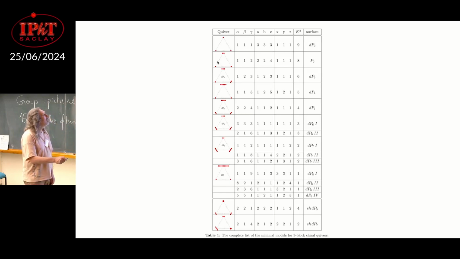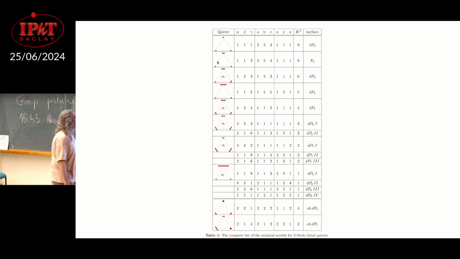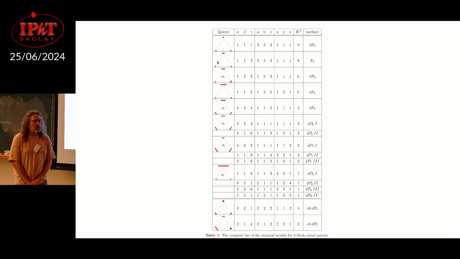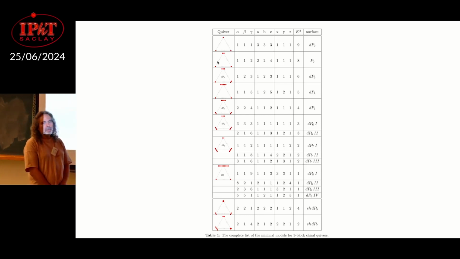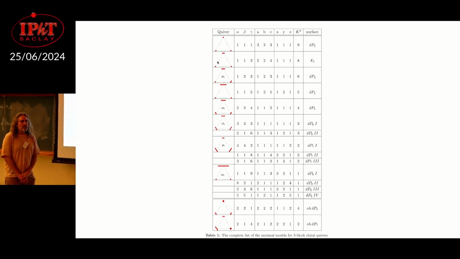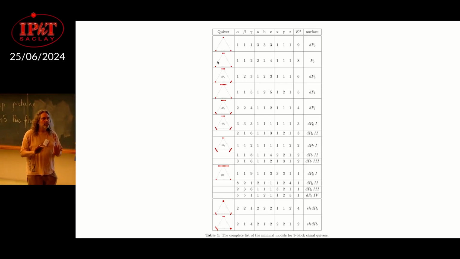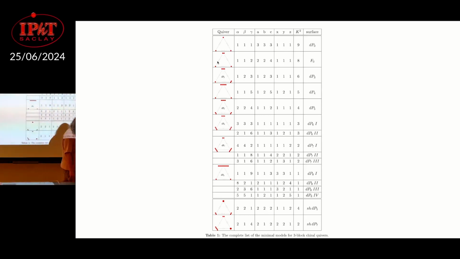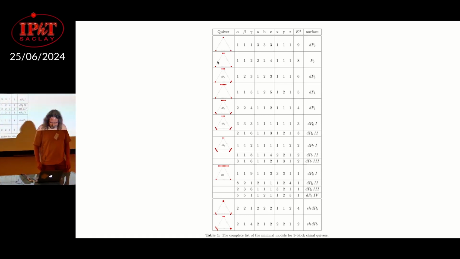In this column there is the corresponding Gorenstein singularity associated to those quivers. Since many of the audience are not too familiar with the geometry, I won't spend too much time on this, but those are some nice, mostly combinatorial games that one can perform.